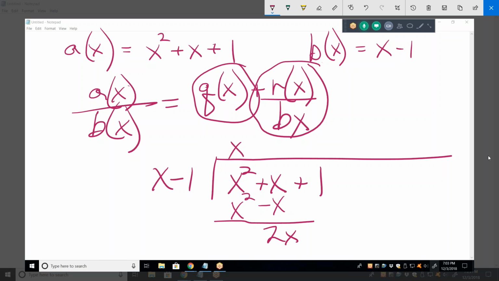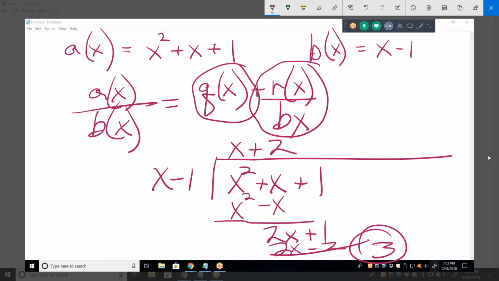Bring down the 1 and repeat. Now x goes into 2x plus 2 times. Multiply the plus 2 times both. Subtract. And you get +3.